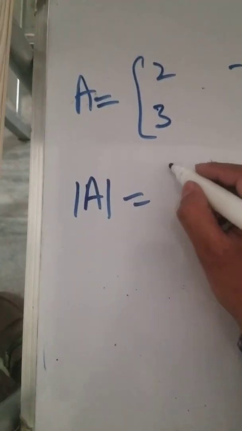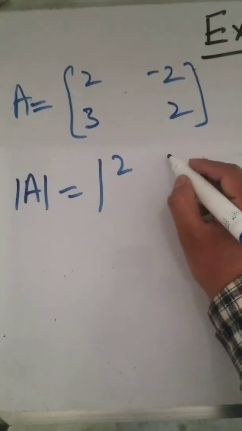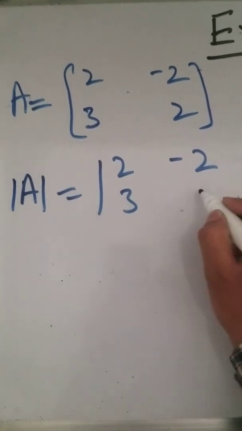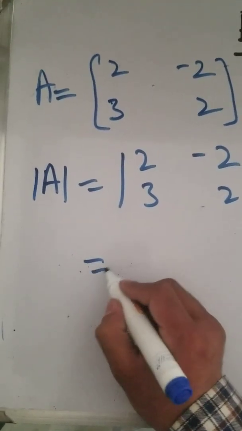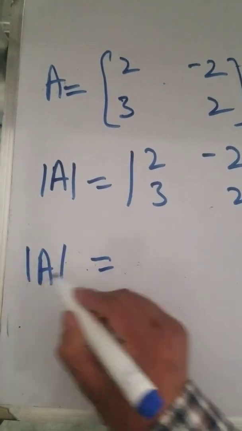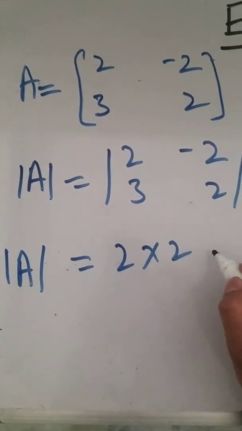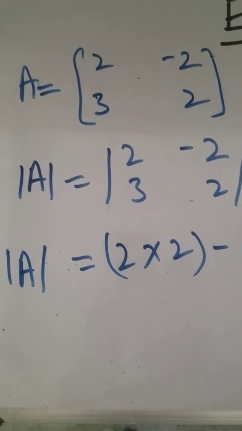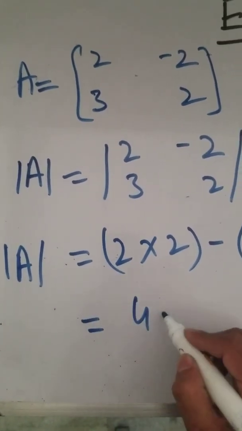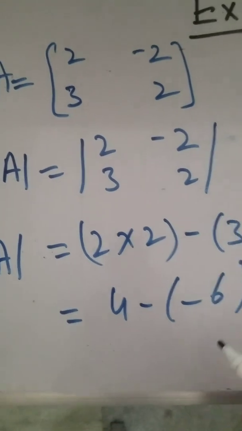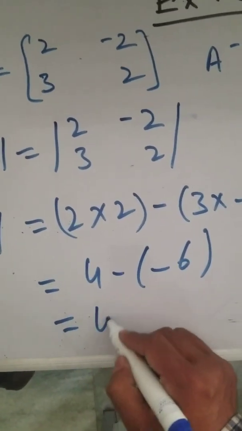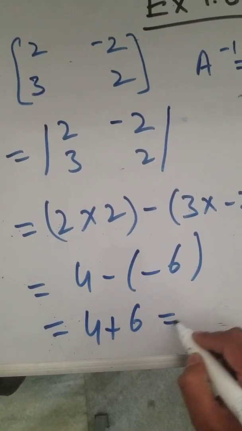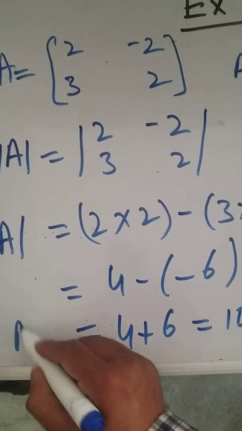Now we take the determinant of [2 -2; 3 2]. The determinant of A is 2 multiplied by 2 minus 3 multiplied by minus 2, which is 4 plus 6, equal to 10. This is the value of the determinant of A.